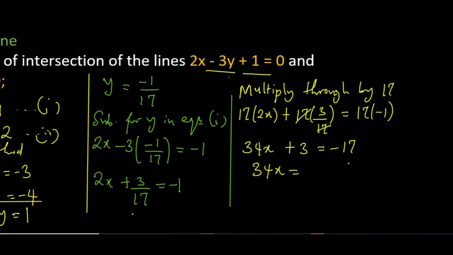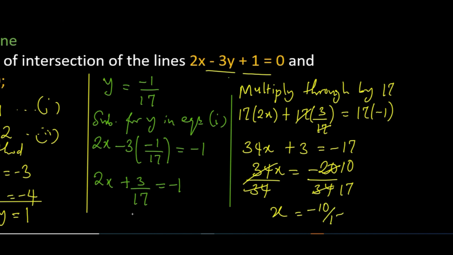So we collect like terms. Take this one to the other side. Minus 17 minus 3 is minus 20. You divide everything by 34. We cut this, 2 can go there, you have x is equals to minus 10 over 17. And that's for your x.